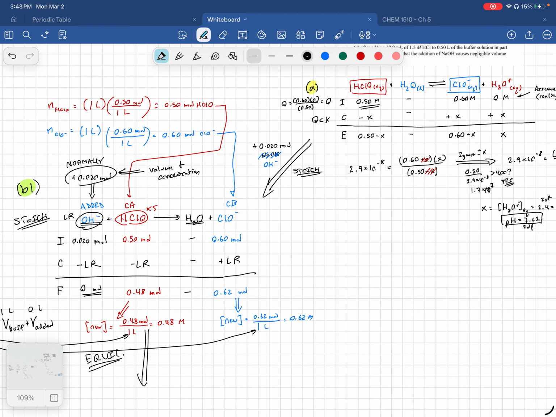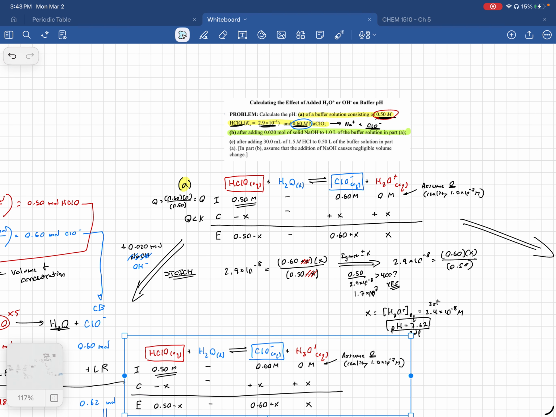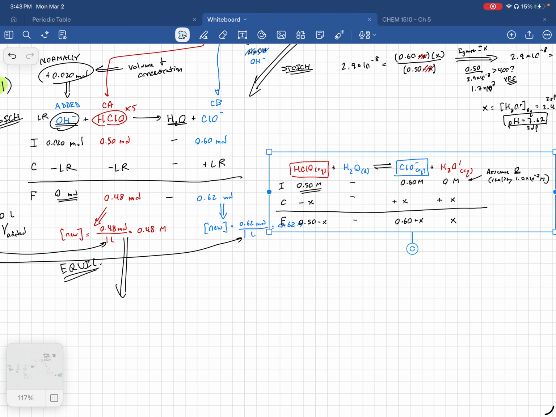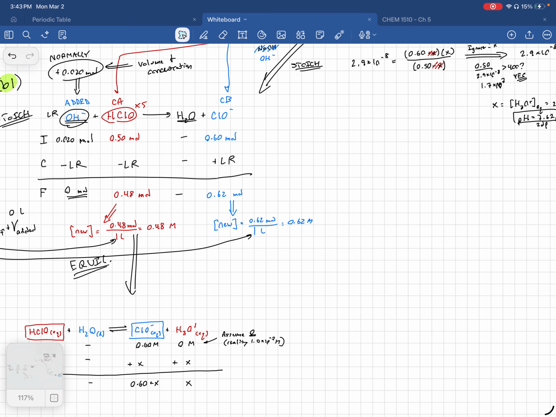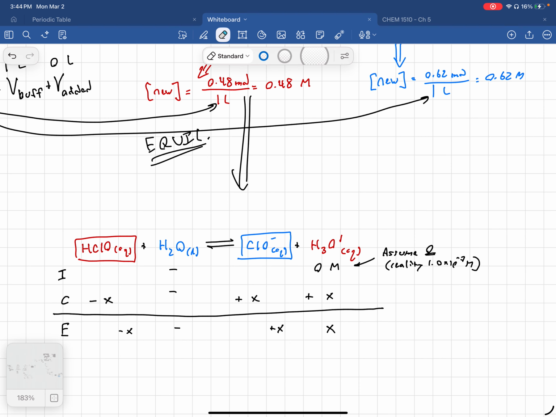Okay, so now that we've done that, go back up here. Let me grab this. Okay, and so now, instead of those old values in this problem, we're going to replace them with the new values, right?